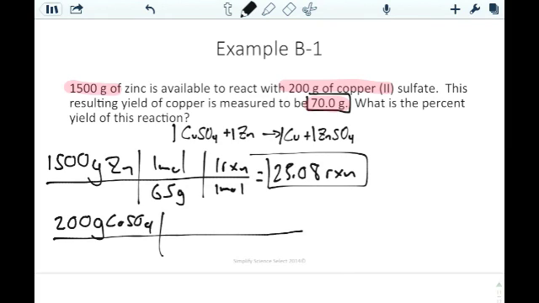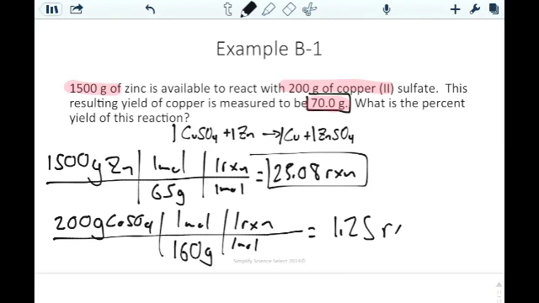And then 200 grams of copper(II) sulfate, which has a mass of right around 160 grams per 1 mole. And again, it's 1 mole in one reaction, which we multiply that out, and that's going to give us a much smaller number, which is 1.25 in a reaction. So that's going to be our limiting reactant.